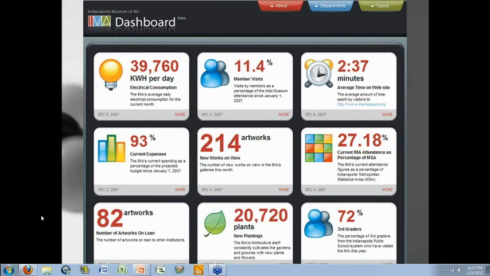They even get into things like how many plants have they planted because they have a green initiative going on. So in this one dashboard with 9 metrics on it, they get a snapshot of how their organization is doing so they can take action to allow them to meet their goals and objectives.